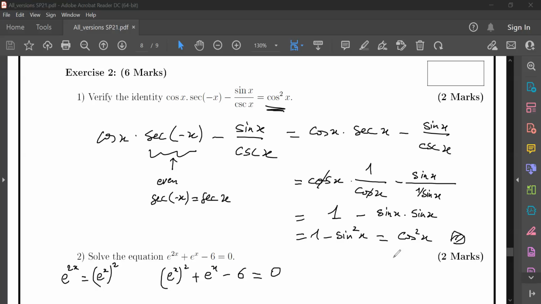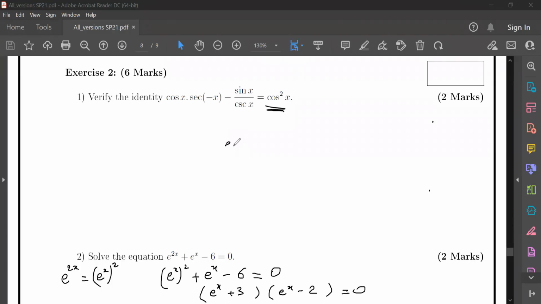Here, you can use a change of variable: you call u equal exponential x, you solve in u, and then you come back to x, or you can also directly factor in exponential x, plus 3 and minus 2, equals 0.